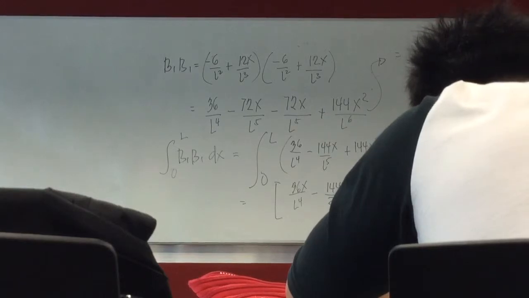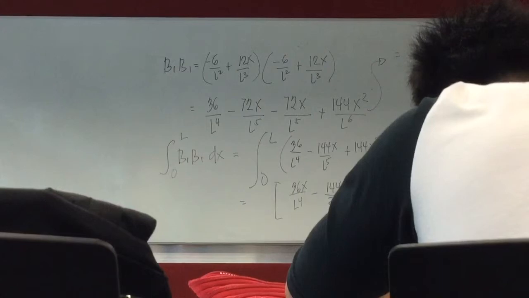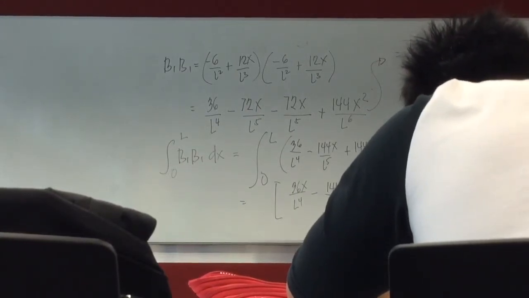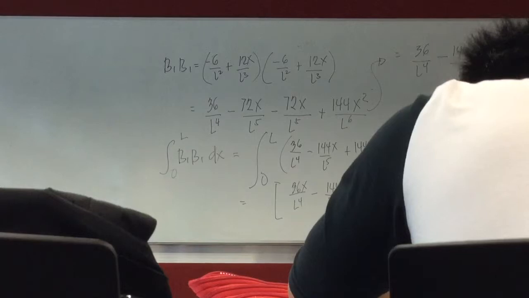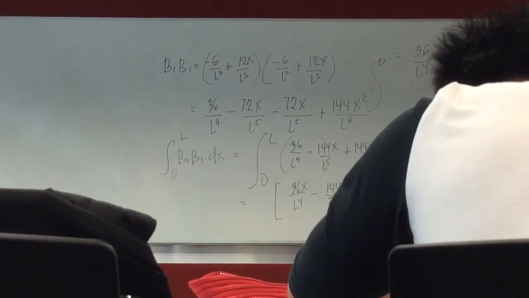Okay. Give chance, give chance. So what do we have for the second row, second column? This block here. Anybody?